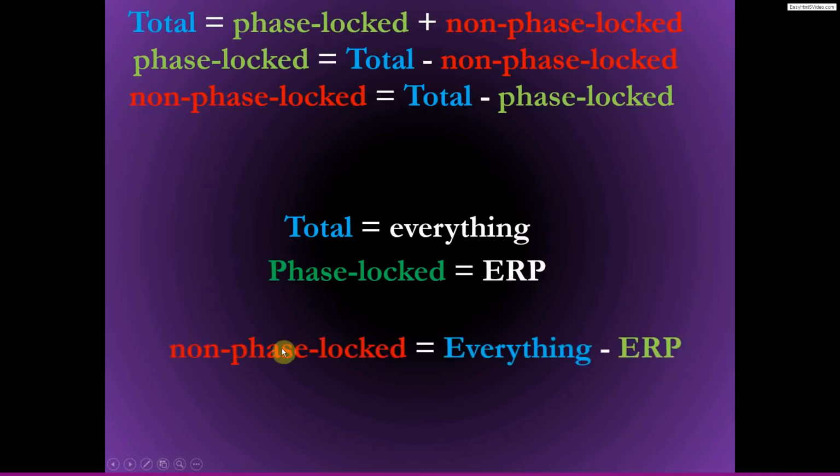So we're going to define the non-phase-locked part of the signal to be the total signal, so that's everything, and by everything or total I mean just the raw signal as you get it without changing it in any way. And we subtract the ERP from the raw signal, and that's what's going to give us our non-phase-locked component.